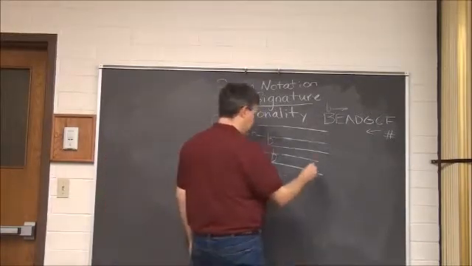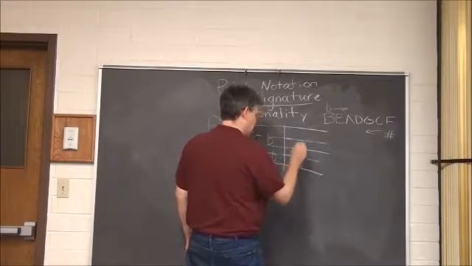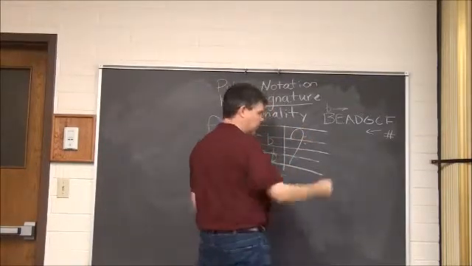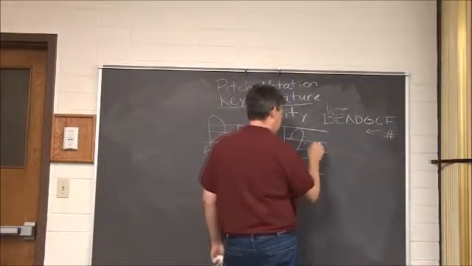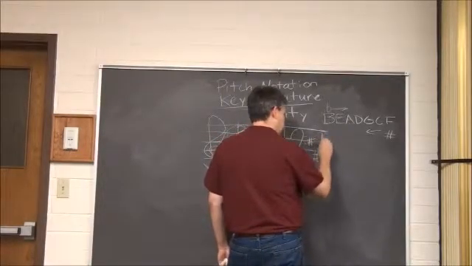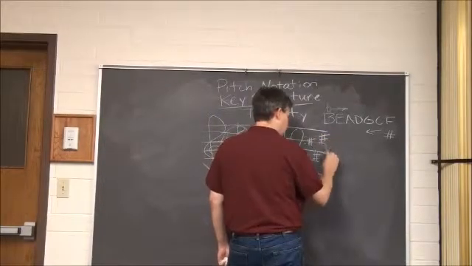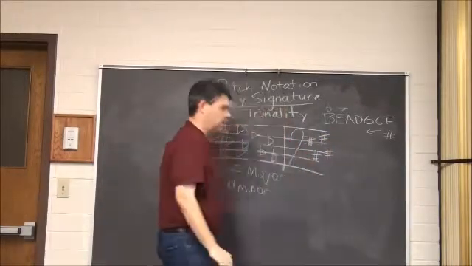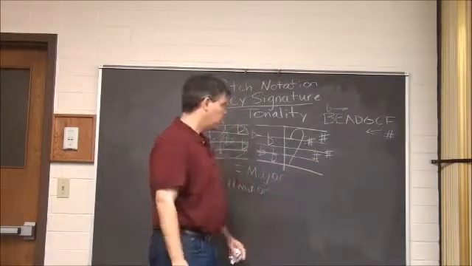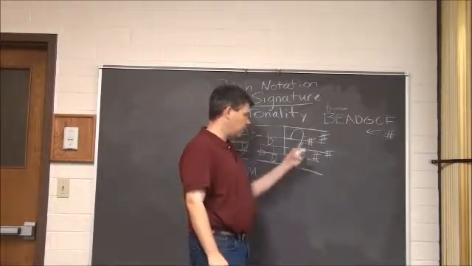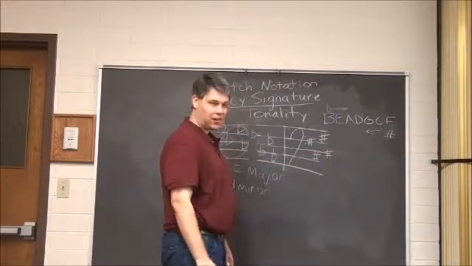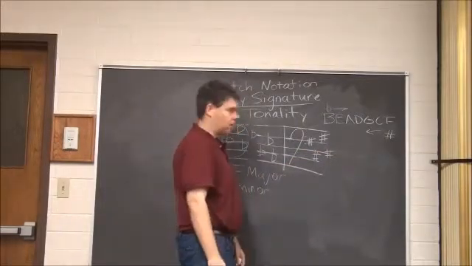If I have sharps, I'll just break up my staff here. I'll start with a bass clef just for fun. Let's say I have 4 sharps in my key signature, so I'm going to have F, C, G, and D. Now I know that all of those sharps are included, and all of the F's, C's, G's, and D's are sharped throughout the entire song.